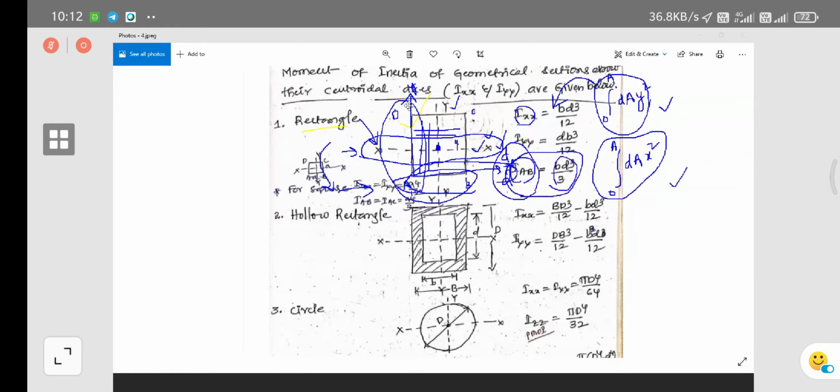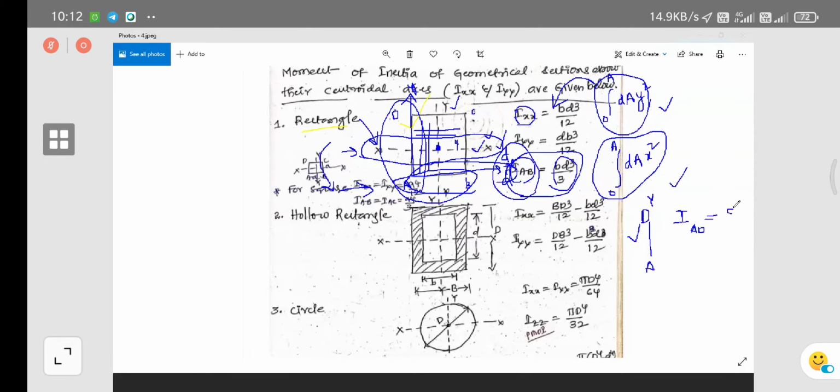But what about AD? If I go for the vertical axis, AD acts as a base axis. This is one of the sides of the rectangle, the vertical side, which I have placed on the y axis. So the moment of inertia IAD is equal to db cubed by 3.